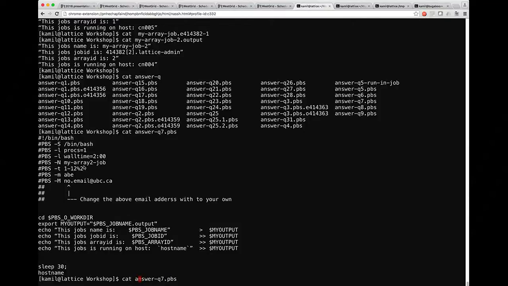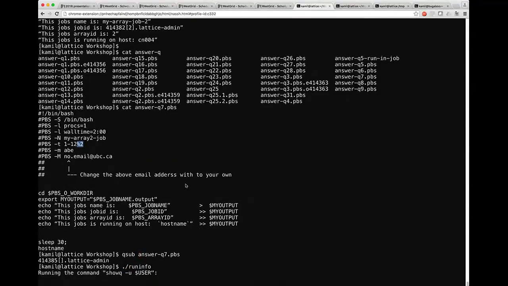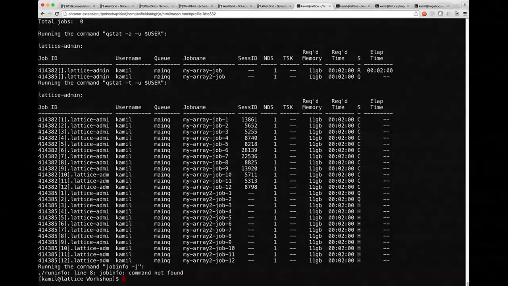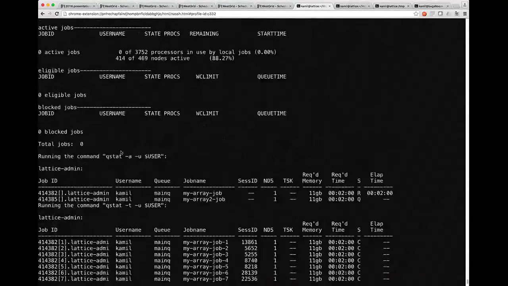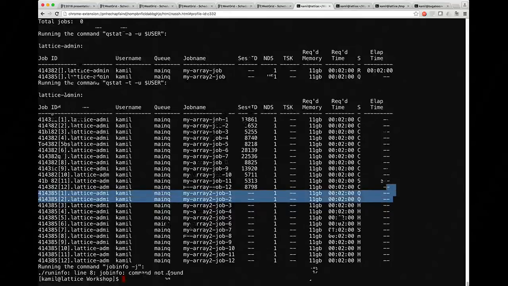In question 7, we're asked to run only 2 at the same time. So basically, we have %2. And we look at the run info. When we look at the qstat -t user, we'll see that a lot of these jobs are in state held because they're waiting for the first 2 jobs to start.